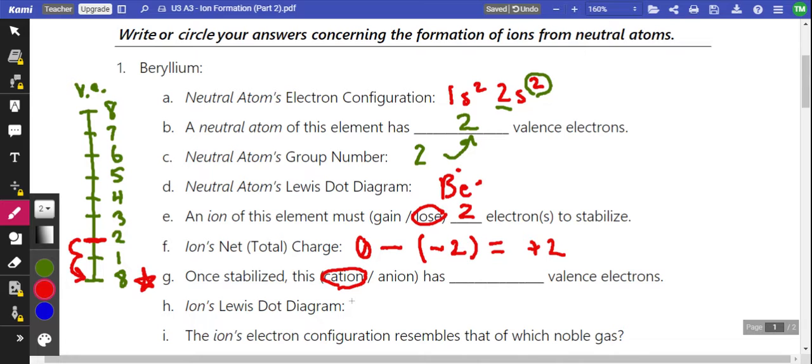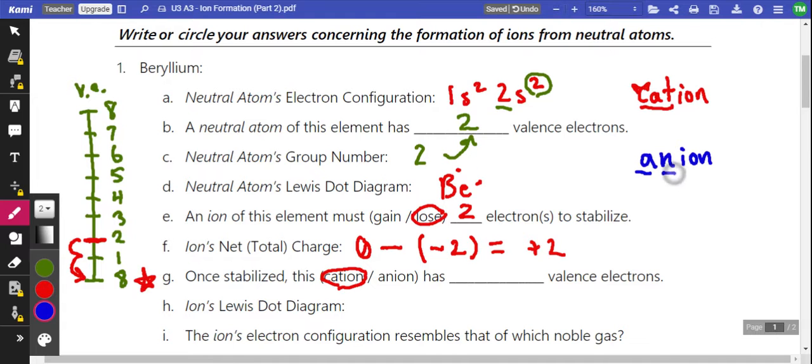Okay, if you ever can't remember which one's which, think cat ion. Cats are positive. I'm going to give little cat ears. So cations are positive. It's dumb, but it might help you remember it. If you need help remembering anions, you might think of it like this. All right.